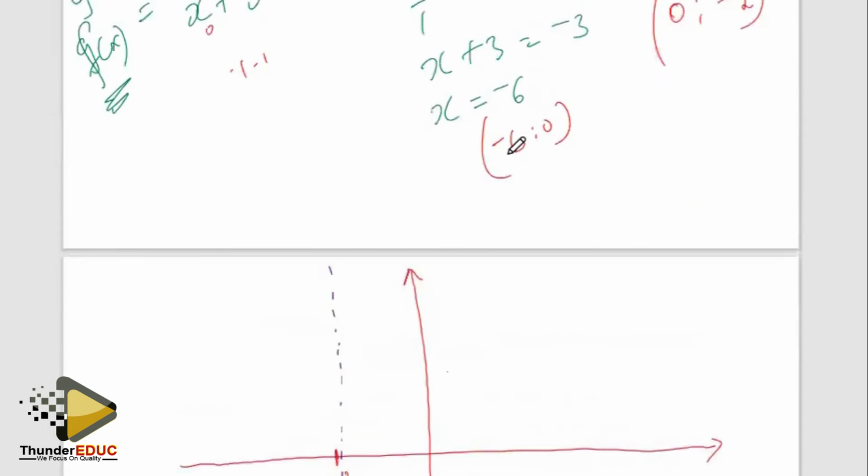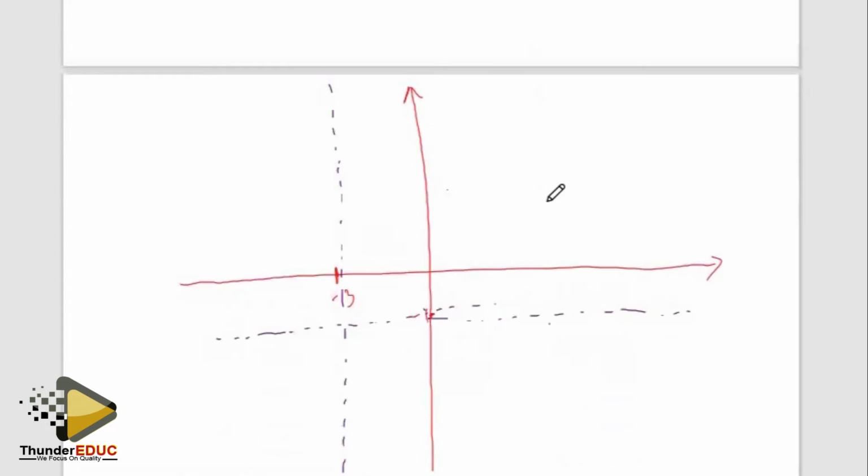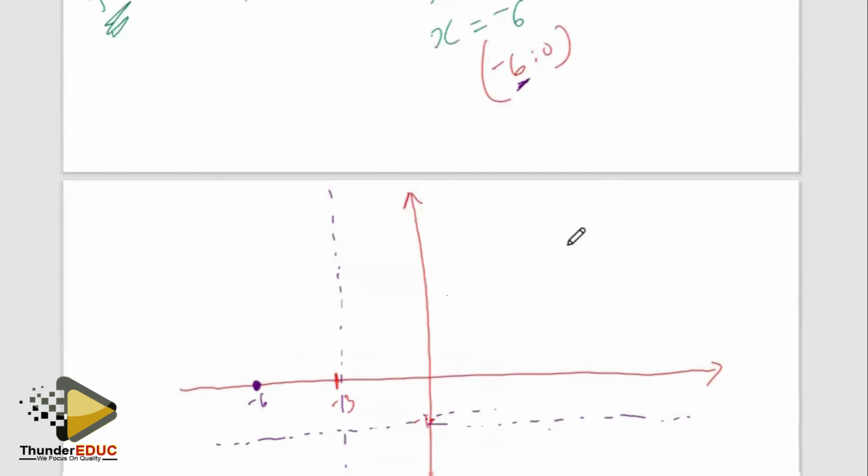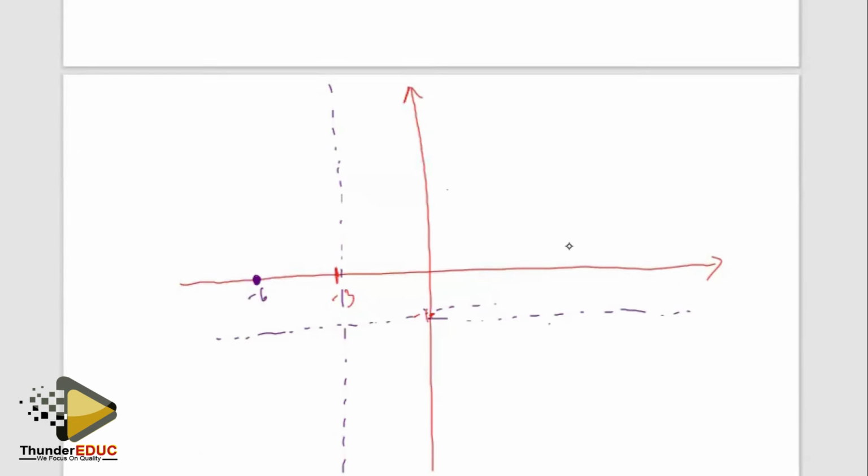We said that negative 6 goes with 0. So negative 6 and a 0 can be here. Then we said 0 is going with what? Negative 2. 0 with negative 2, which can be somewhere there.